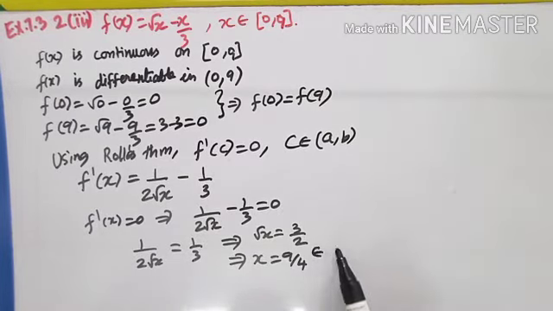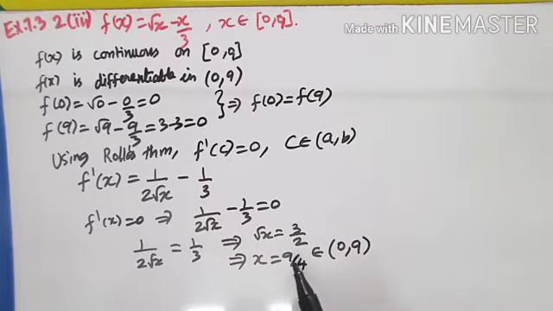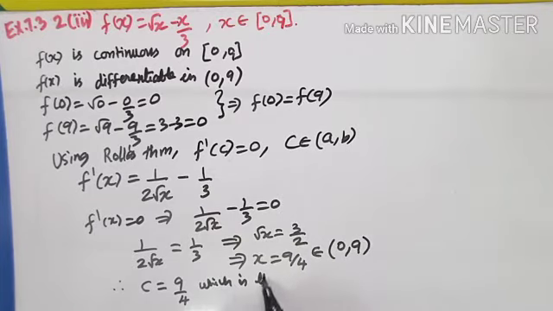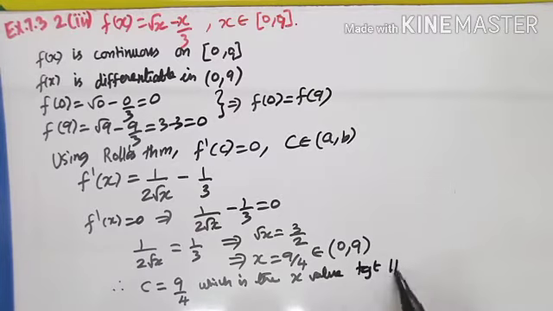It belongs to the interval 0, 9. 9 by 4 is 2.25, so it is inside the interval. So we write c equal to 9 by 4, which is the point where the tangent is parallel to the x-axis.